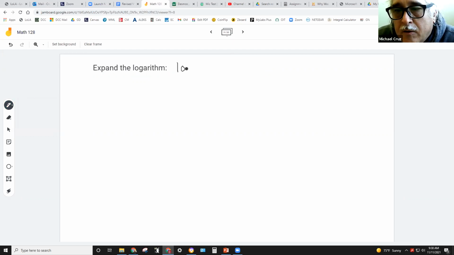So we got a log. It's base 9 of 9x. Okay.